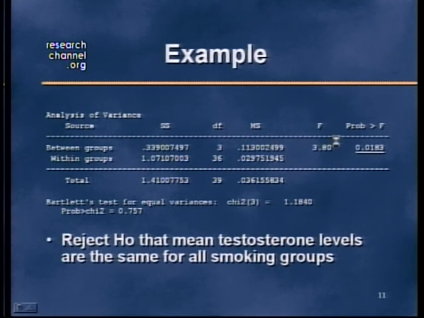But you can do more reading if you wanted more detail on the analysis of variance and the separation of variation into these 2 components. Right now, let's just interpret the F statistic. It's a large F. The probability of observing this F, if there was no difference in mean testosterone levels between the 4 smoking groups, is about 0.018.